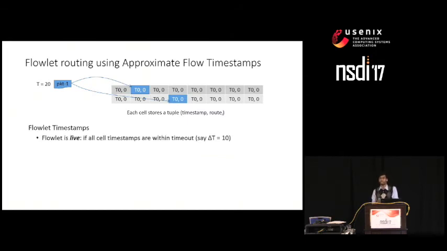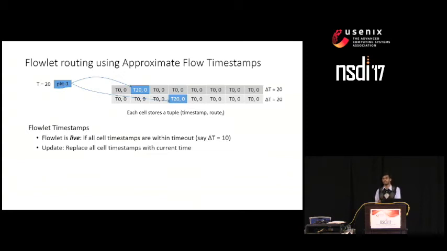And we consider a flowlet to be live if all the cell timestamps are within the configured timeout. Say, let's assume it's 10 in this case. For this packet, the time gaps come up to 20, so we realize this is a new flowlet, and it's not live currently. We are going to update the timestamp to reflect the fact that this flow is now live, and we update the timestamp in the sketch.